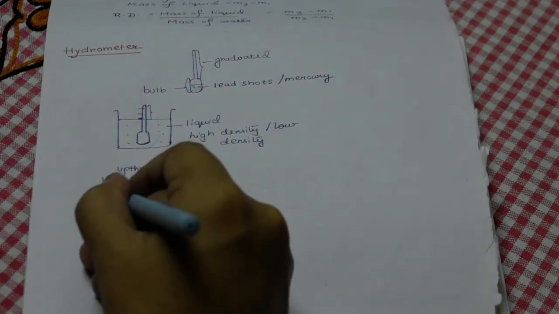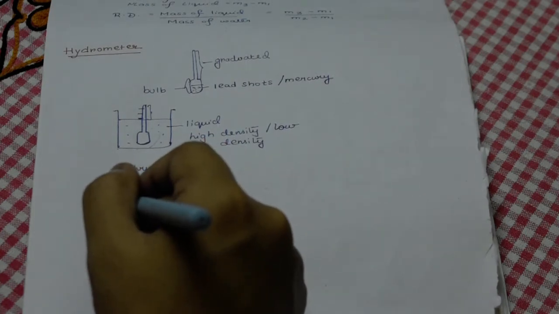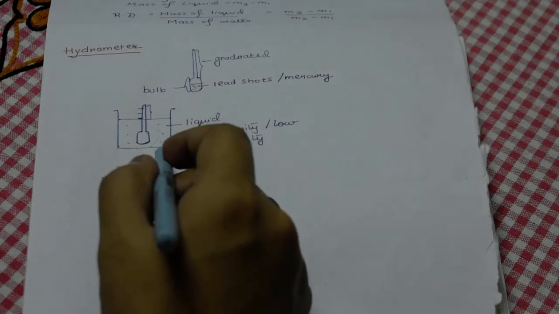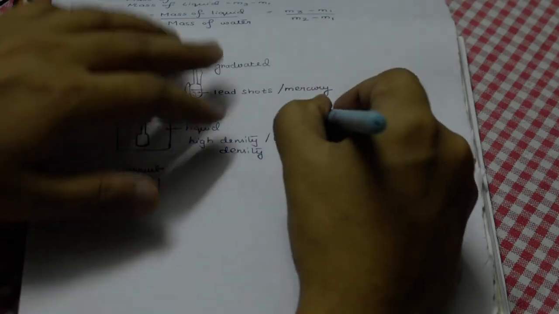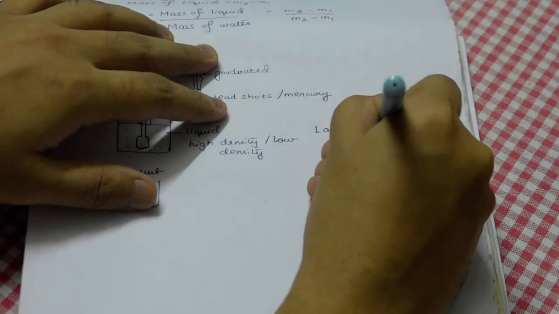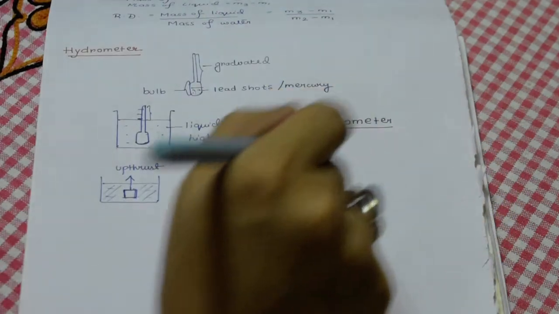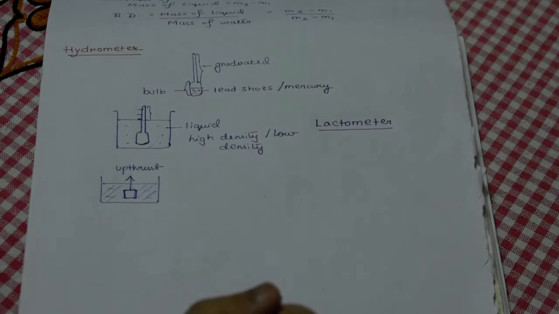So the greater the density of the liquid, the greater the upthrust, and the lower the density, the lower the upthrust. A hydrometer which is specifically used for testing whether milk is pure is known as a lactometer. So a lactometer is a specific hydrometer that is exclusively used to check whether milk is pure.